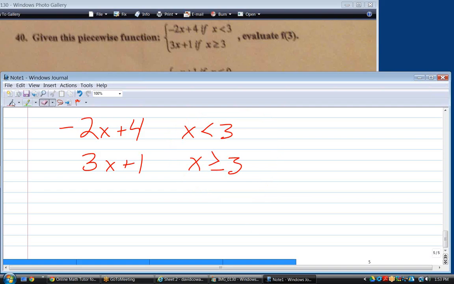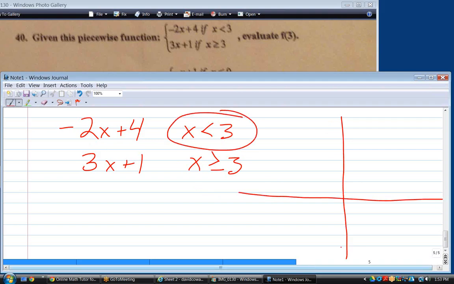What does that mean? That means if I were to graph this, I'm going to start here when x is less than 3. Okay, x is the horizontal axis, f of x is the vertical axis.